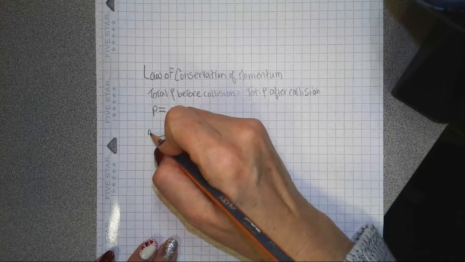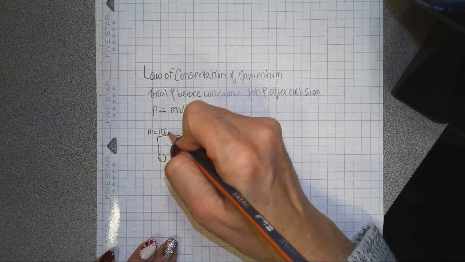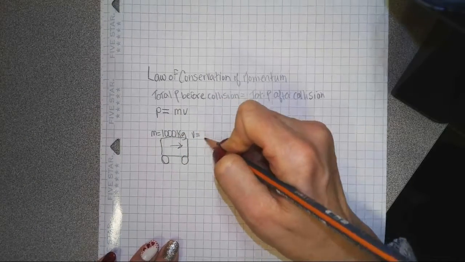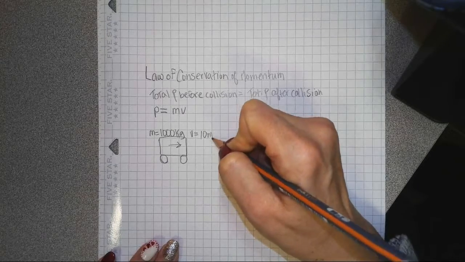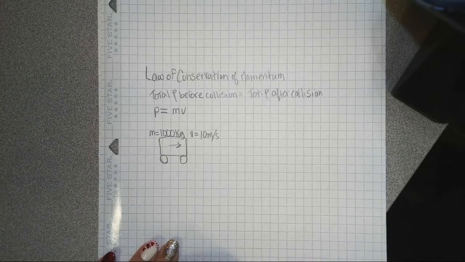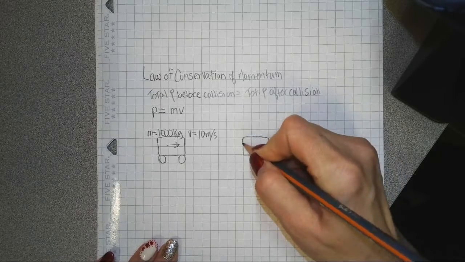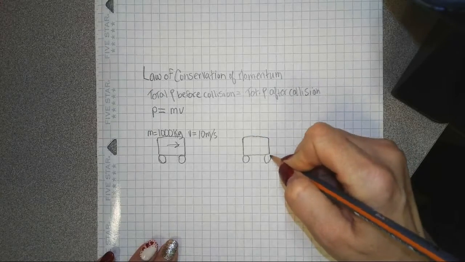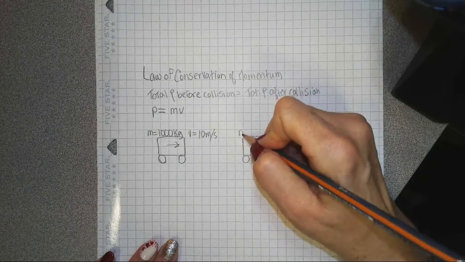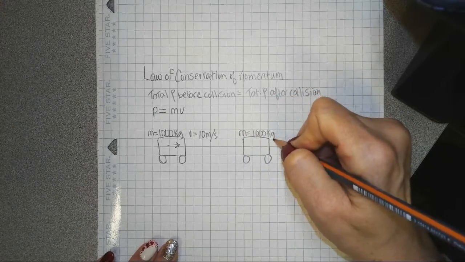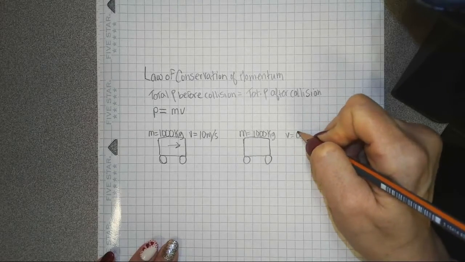It has a mass of 1,000 kilograms and a velocity of 10 meters per second. This car is going to hit another car that's stationary. It's not moving. Its mass is also 1,000 kilograms, but its velocity is 0.